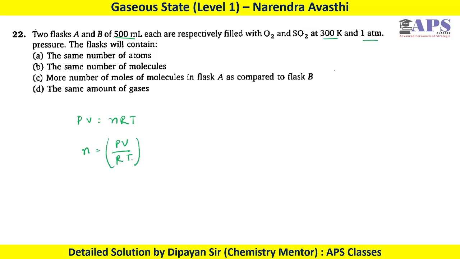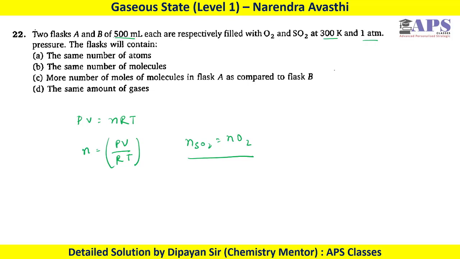So we can calculate number of moles for any gas like SO2 or O2 as PV by RT. If all the conditions are similar, the number of moles of SO2 equals the number of moles of O2, because volume, pressure and temperature are similar in this case.